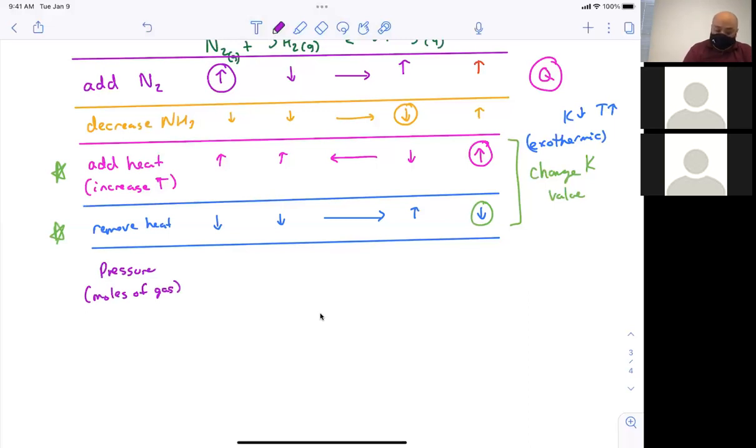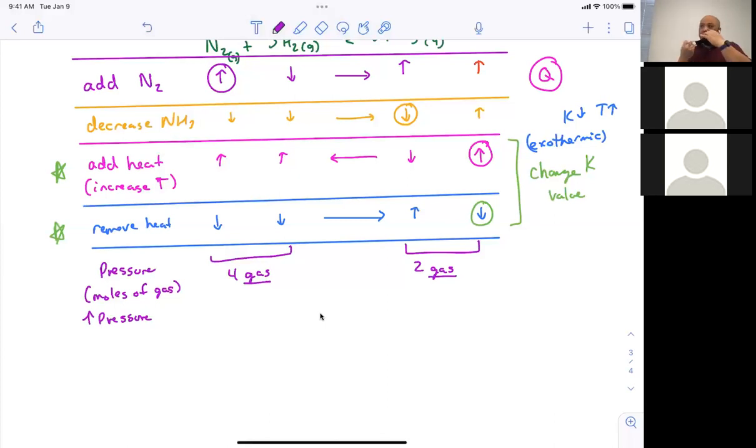And when you increase pressure, it shifts to the side with fewer gas molecules. So in this case, on this side we have 4 gas molecules, and on this side we have 2 gas molecules. And it's important you say the word gas. It's not all the molecules in the expression, it's just the gas molecules.